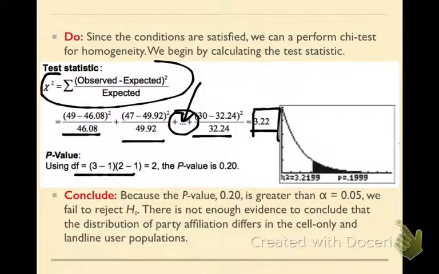Degree of freedom for homogeneity when you have multiple categories is the row minus 1 times the column minus 1. That shouldn't be confusing in this case. And then you have the p-value right here, and you just conclude.